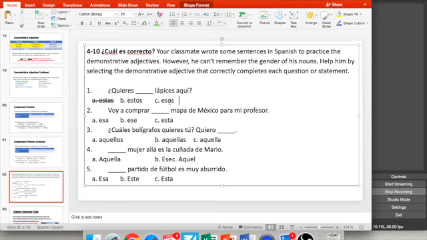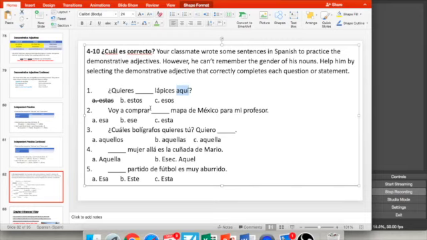I've narrowed it down already to B and C just by looking at the gender of lápices. So your options are, do you want those pencils or do you want these pencils? So do you want these pencils here or do you want those pencils here? It makes more sense when you have the word aquí.